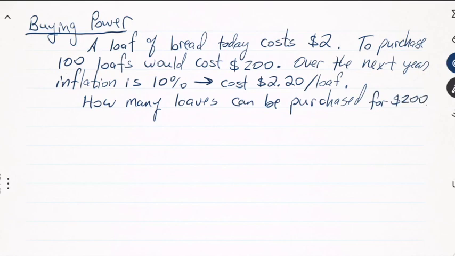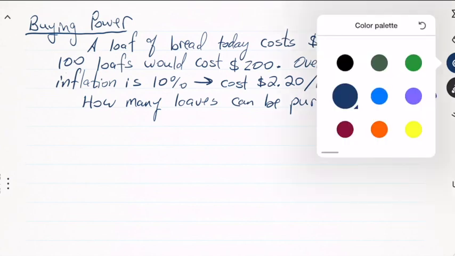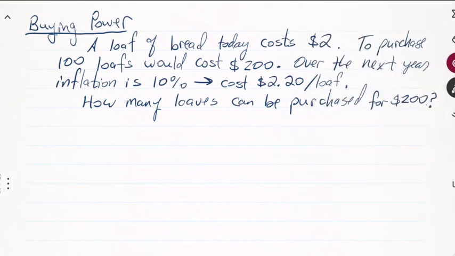We knew we could buy 100 loaves of bread last year with $200, so this current year, after 10% inflation, I'm curious, how many loaves of bread can I buy with the same amount of money? So to figure this out, we're going to take the amount of money I have, $200, and divide it by the cost per loaf, which makes sense.